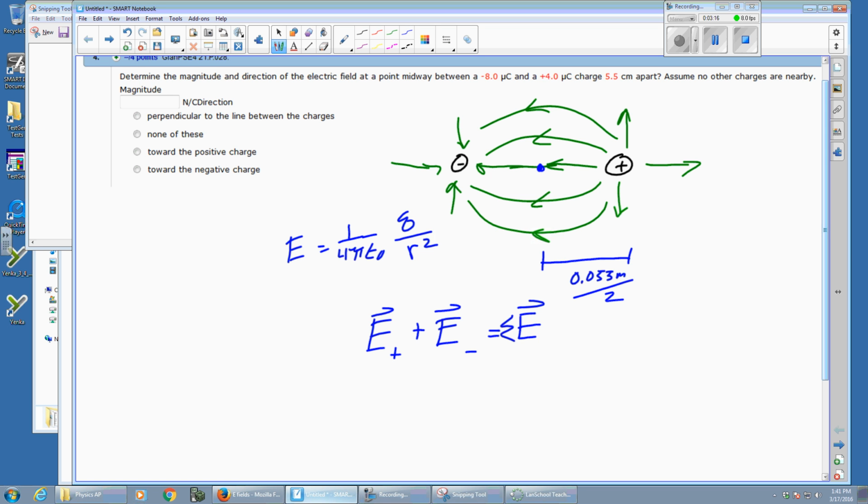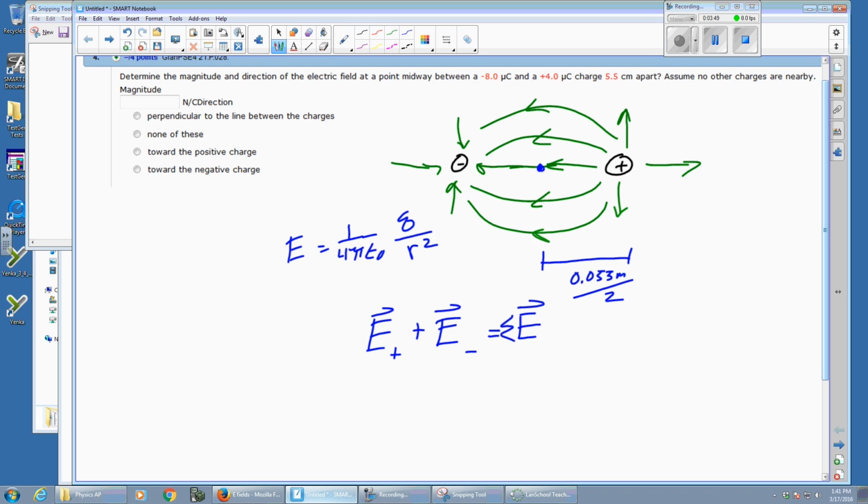The value of Q for the negative charge would be, for me, 8 microcoulombs, so 8 times 10 to the minus 6 coulombs, and for the positive, 4 microcoulombs. 8.988 times 10 to the 9th. Yep, that's what I mean down here by the E positive plus the E negative.